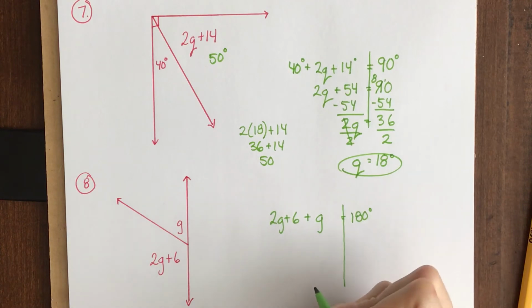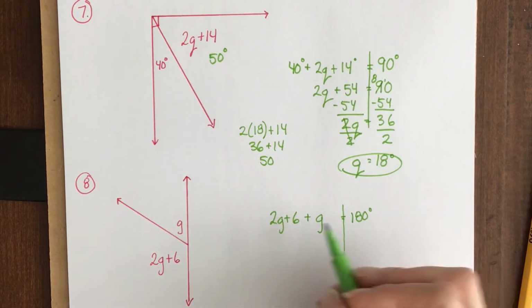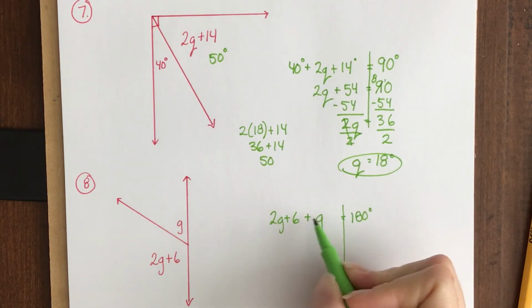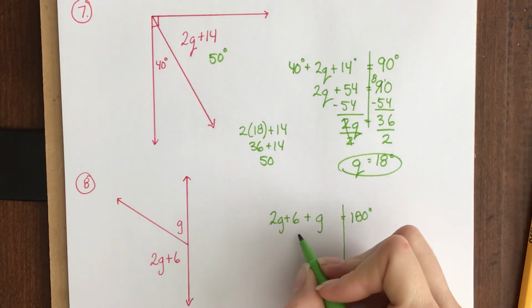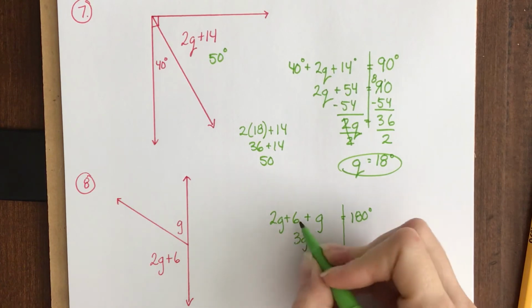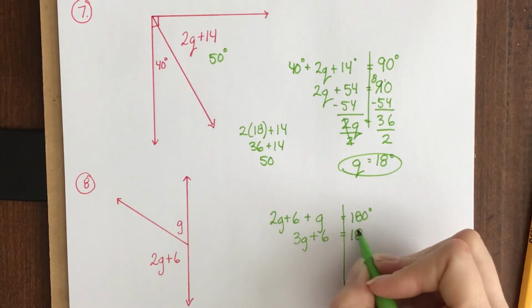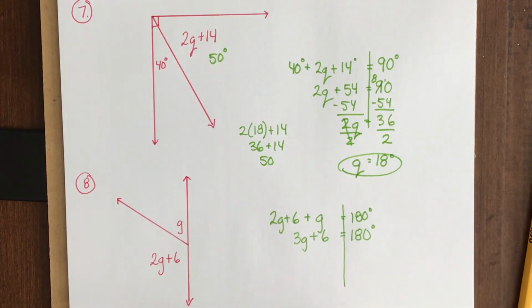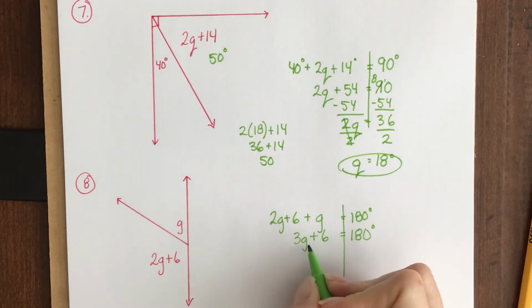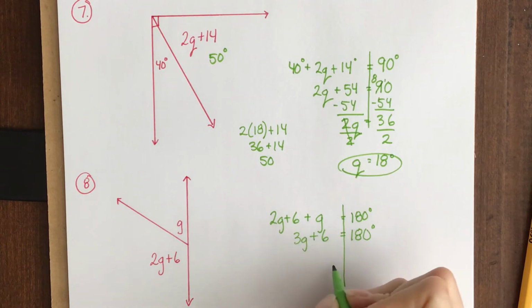Now before I go through the process of solving this two-step equation, I'm going to combine like terms. 2g plus another g is 3g. And then I have my plus 6. All right, now two things are happening to your variable. You're multiplying by 3 and you're adding 6.